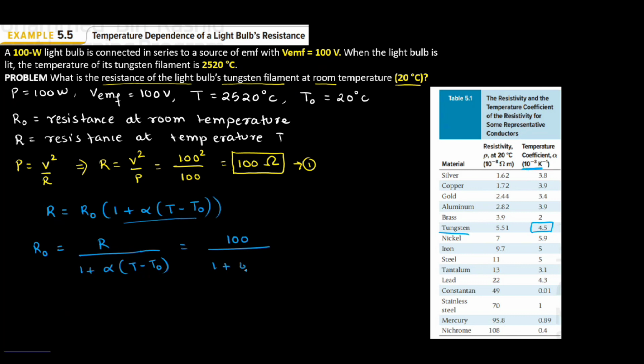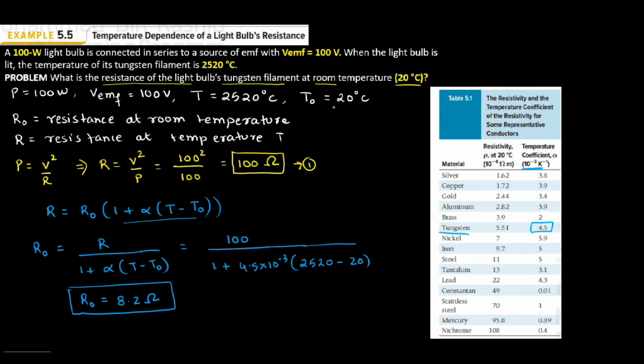So 4.5 times 10 to the power negative 3 into T, which is 2520, minus T naught, which is 20. And when you solve this, you get your resistance R naught as 8.2 ohm. This is the resistance at room temperature.